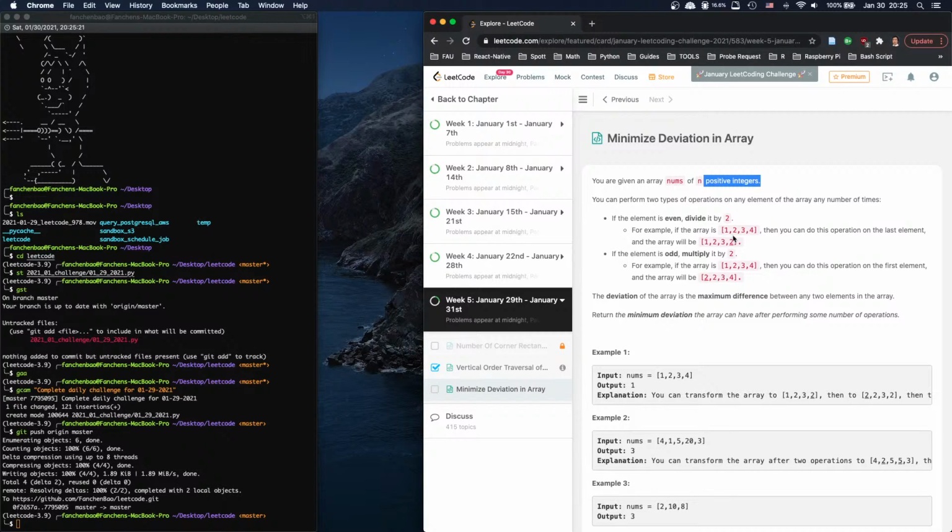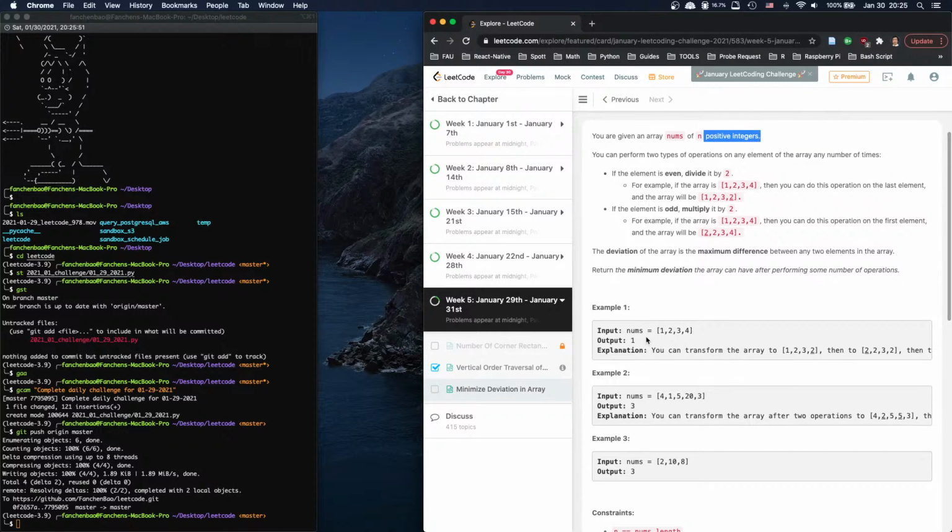I can do this operation on the last element, which means I can do it again and again. If the element is odd, then we multiply by 2. Good. And the deviation of the array is the maximum difference between any two elements in the array. Return the minimum deviation the array can have after performing some number of operations.